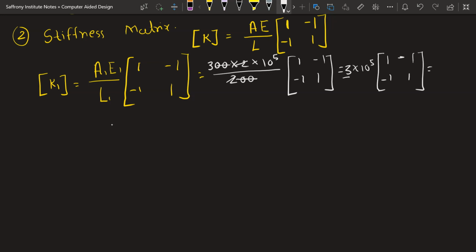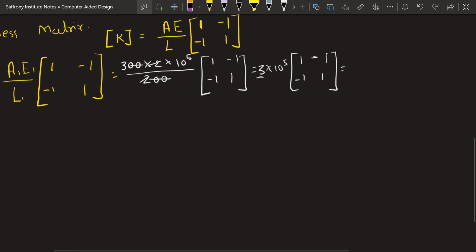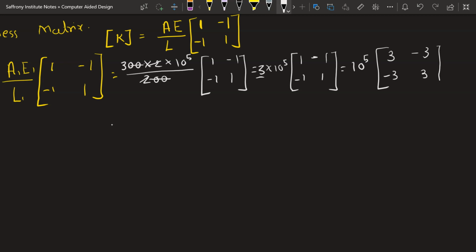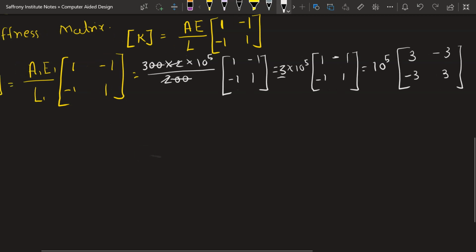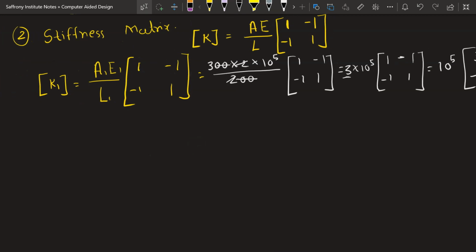Now I am multiplying this 3 with this matrix, so what will remain is 10 raised to 5 times 3 minus 3, minus 3 3. Okay, so this is the final stiffness matrix for k1.